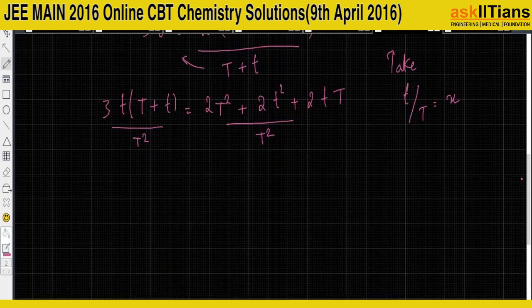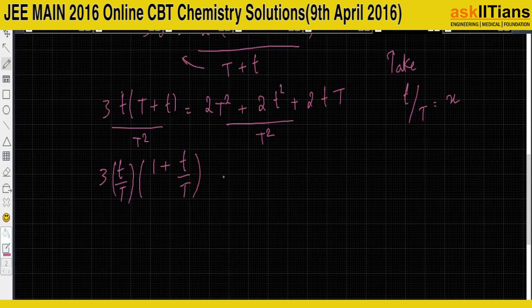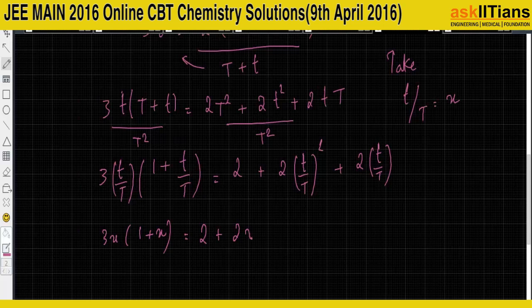So now the question becomes easy. Okay, so I'll get 3 t by T times (1 plus t by T) equal to 2 plus 2 (t by T) whole square plus 2 t by T. Now take t by T equal to x, so 3x(1 plus x) equals 2 plus 2x square plus 2x.